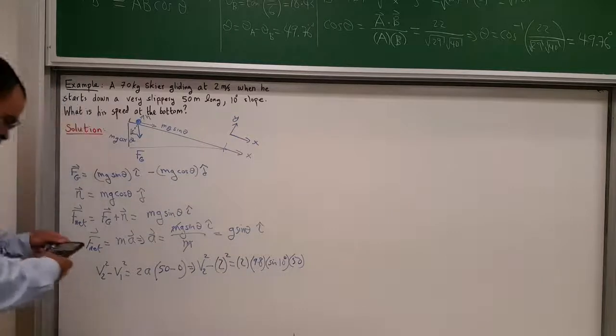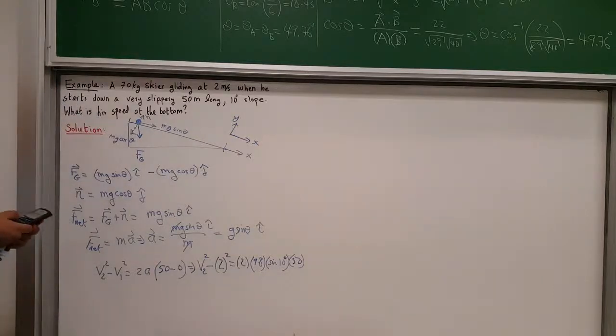Let's calculate the speed. That's using forces. We have 2 times 9.8 times the sine of 10 degrees times 50 plus 4, then take the square root of that.